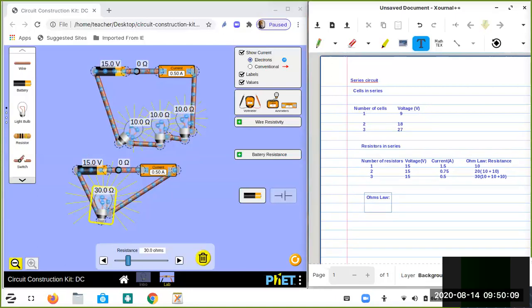So normally it says here, voltage, remember it's in volts, is equal to current multiplied by resistance.